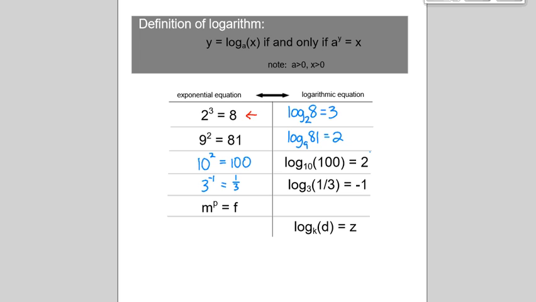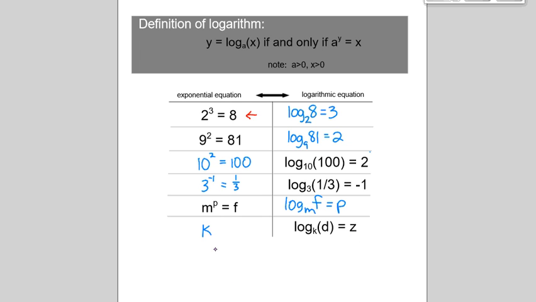Generalizing a little bit, if I have m to the p equals f, what's my base? M. I'm raising it to the p, so the p goes over here, and that will give me f. And then going the other direction, log base k of d equals z. What's my base? K. What am I raising it to?